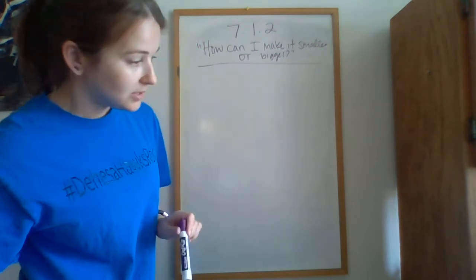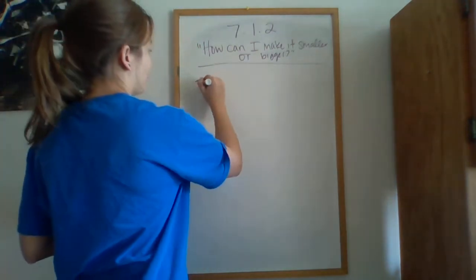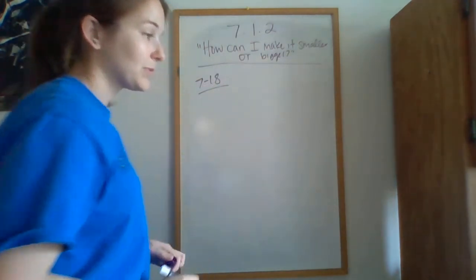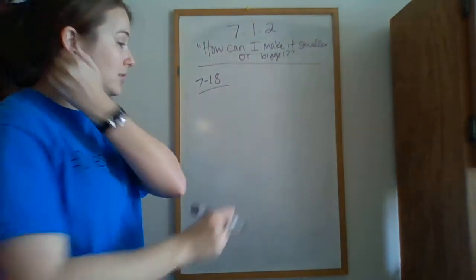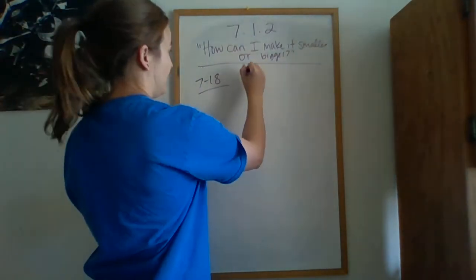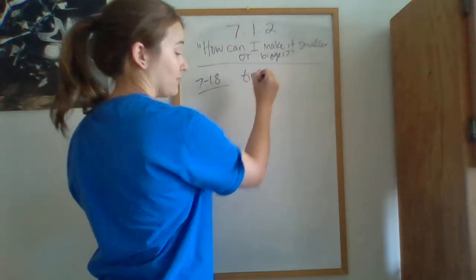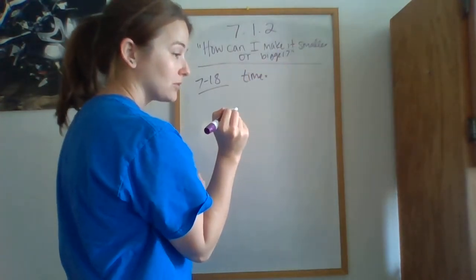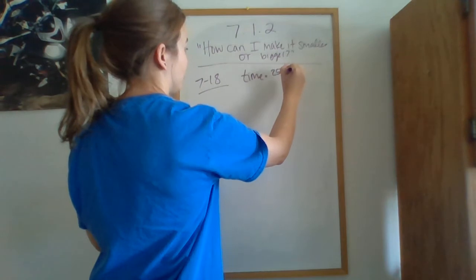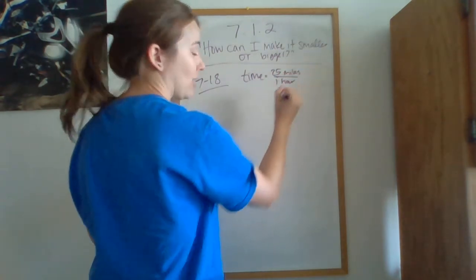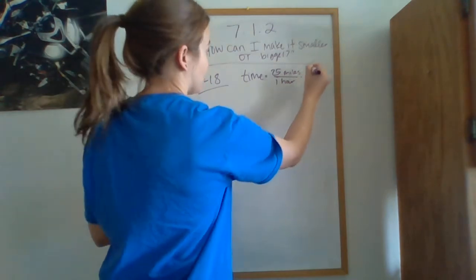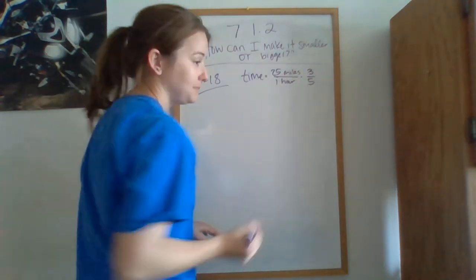718 says in the two previous problems, 3/5 is used in two ways. First, as time, so it's used as time in the first problem: 25 miles per hour, or 1 hour, times 3/5 of an hour.